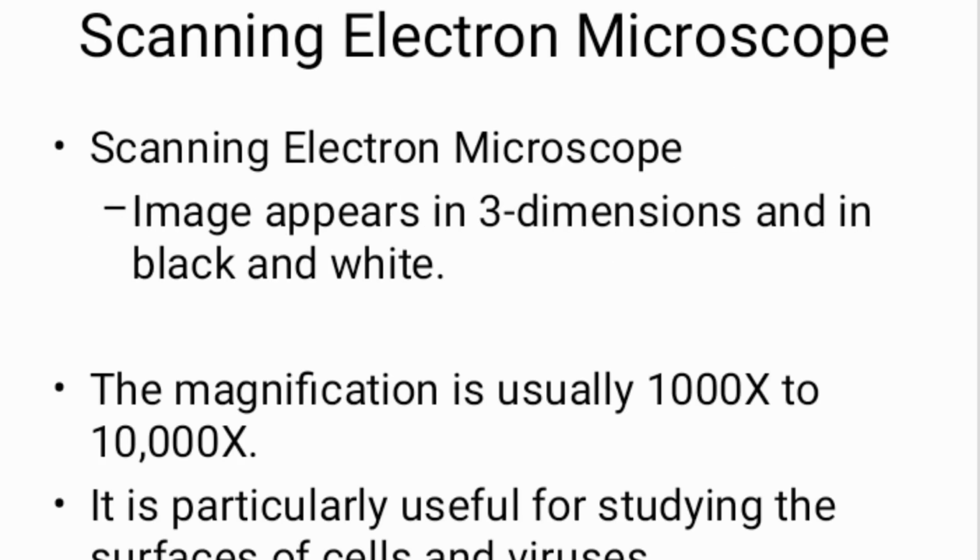In the scanning electron microscope, the image appears in 3 dimensions and in black and white. The magnification is usually 1000 times to 10,000 times. It is particularly useful for studying the surfaces of cells and viruses.